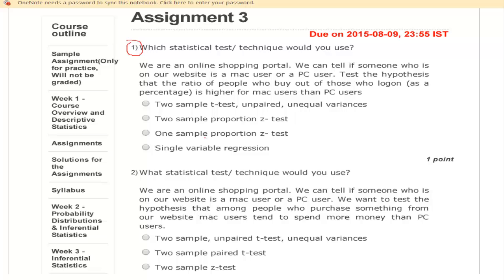A typical example of a two-sample proportion z-test, again keeping with the boys and girls, could be the percentage of boys who pass a certain exam being equal to the percentage of girls who pass the same exam.